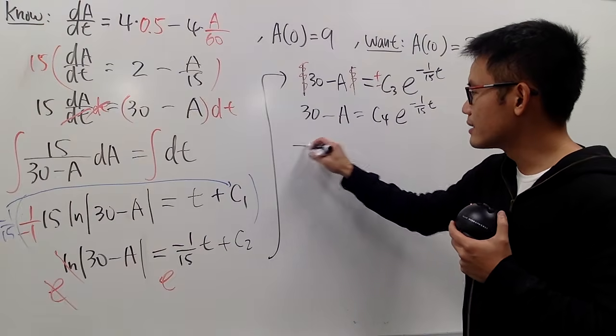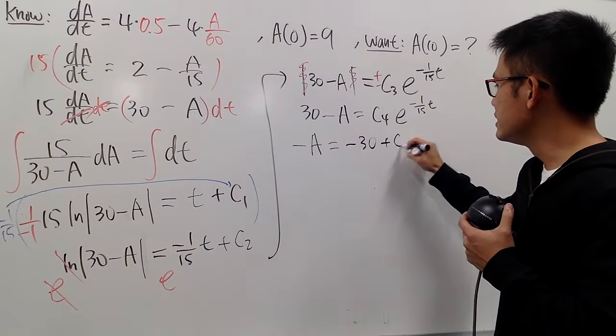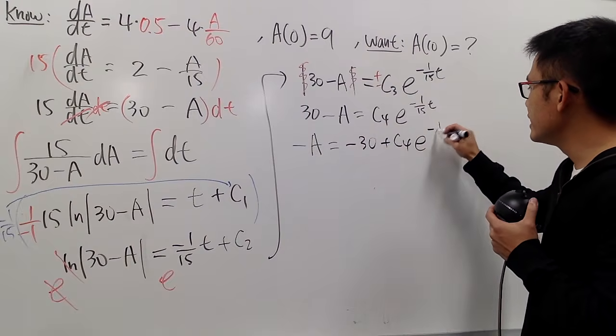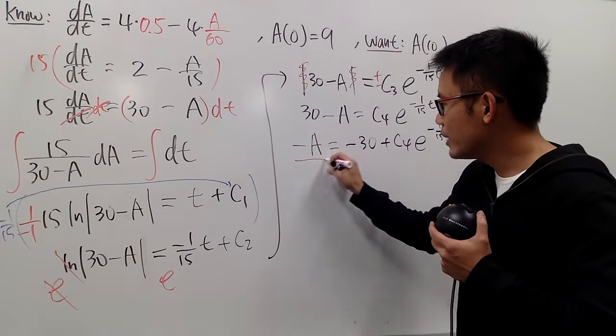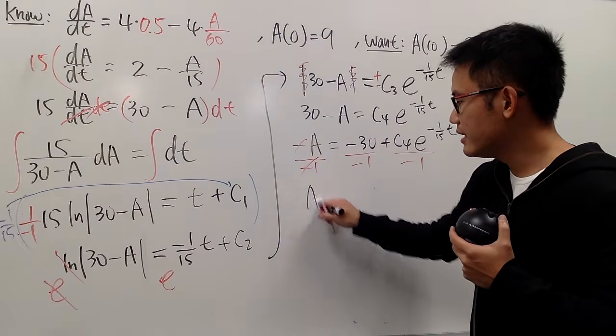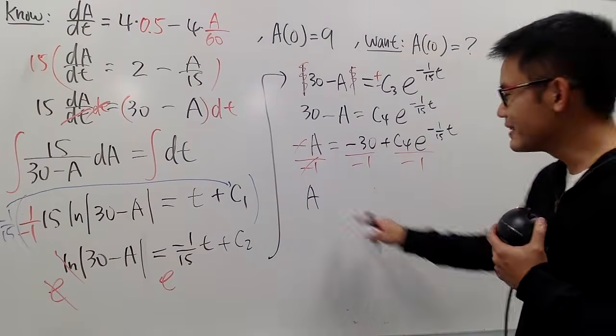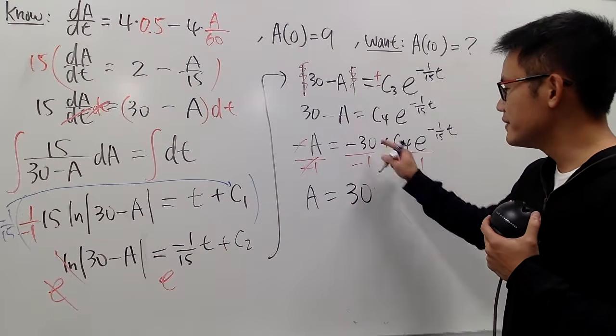So we are talking about negative a equal to negative 30 plus c4 e to the negative 1 over 15 t, like this. At the end, we have to divide everything by negative 1, so that they cancel and I get the a by itself, finally. And this is, of course, positive 30 now.